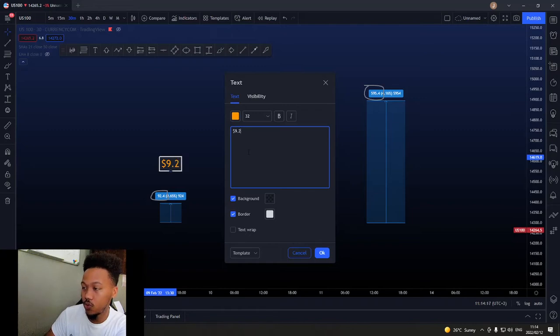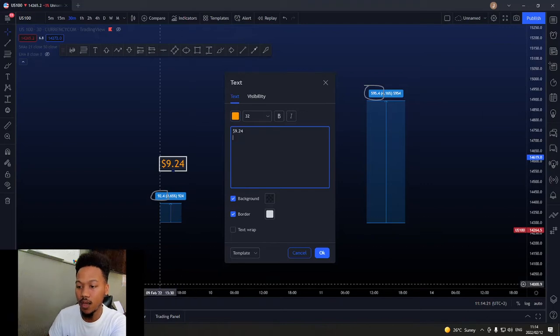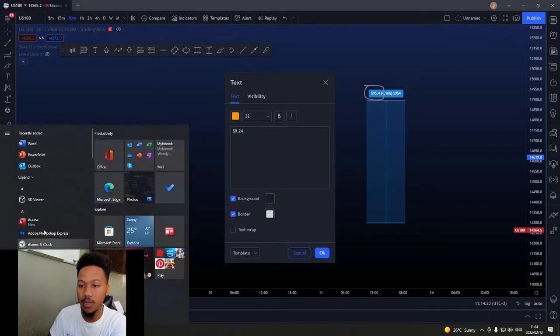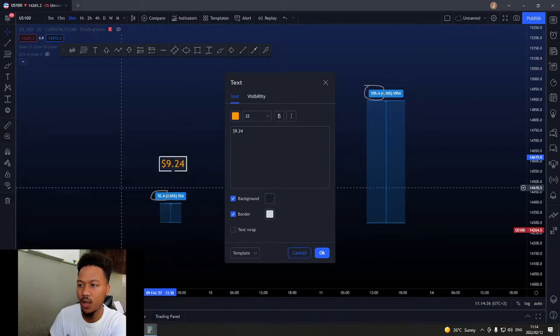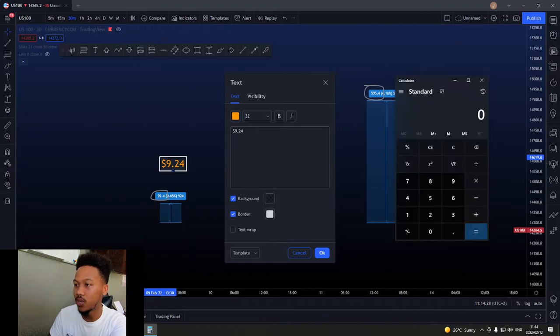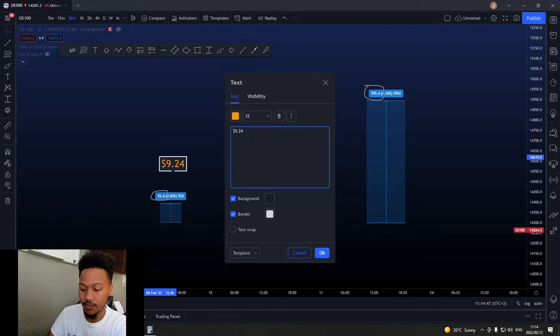it would be $9.24. On a ZAR account, you get out your calculator, take $9.24 and multiply it by 15, and we literally have 138.6 rands.